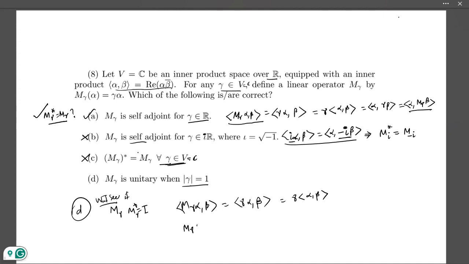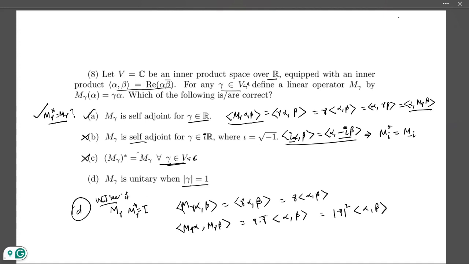So we'll use this relation, okay? M gamma alpha, comma M gamma beta. This is the same as saying that from the first coordinate you get gamma outside, and from the second coordinate you will get gamma bar outside. It will become alpha beta. So this is nothing but norm gamma squared alpha beta.